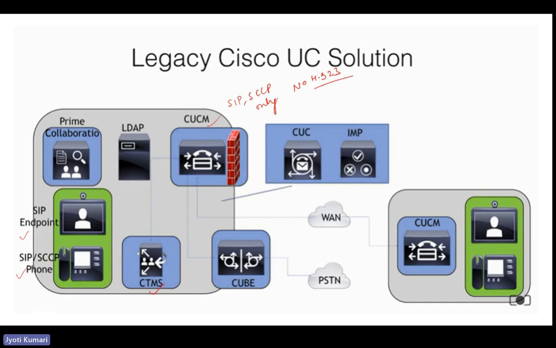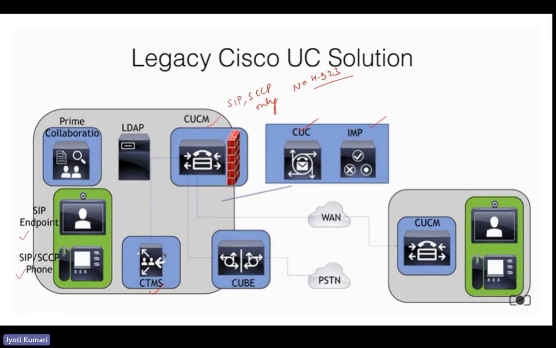The intercluster trunks could be established across the WAN between CUCM for a more unified network, but there was no way to traverse the firewall or NAT at the edge of the network.